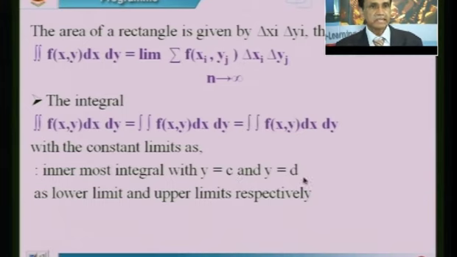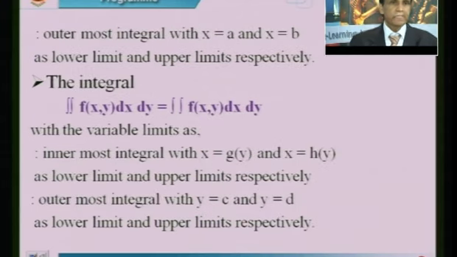Both c and d are constants, as lower and upper limits respectively. That means y equal to c we assign as the lower limit, and y equal to d we assign as the upper limit for the innermost integration. Similarly, for the outermost integral we assign x equal to a and x equal to b respectively, once again as I mentioned earlier, the lower limit and the upper limit.